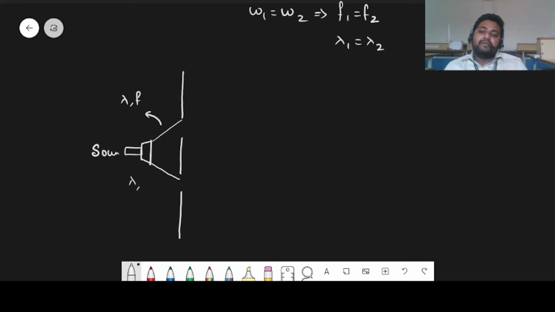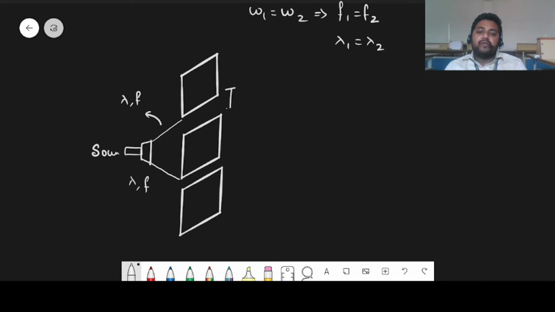These two are called slits. Slits are just gaps in that sheet, with a distance of d between them.